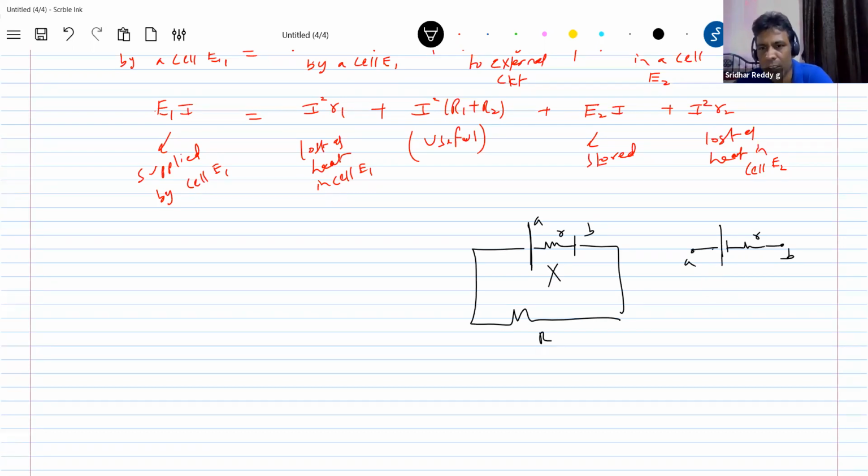Anybody? Will you agree with this circuit? They can ask you such questions on possible electrical circuits. There's the internal resistance. There's the EMF of a cell.